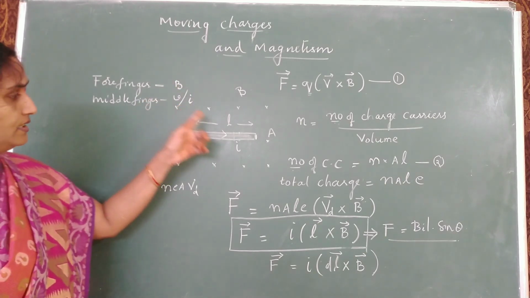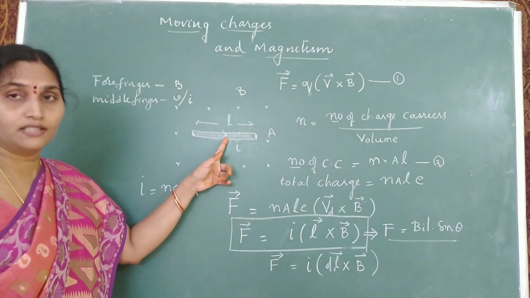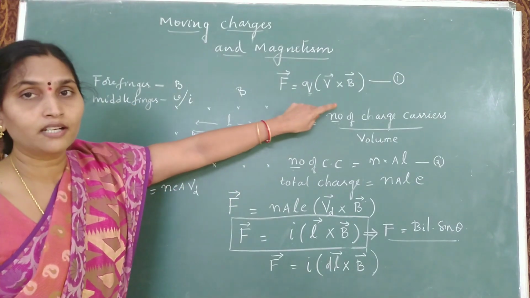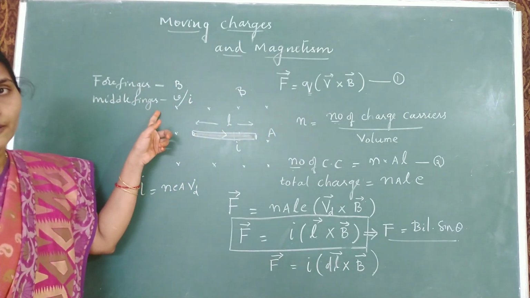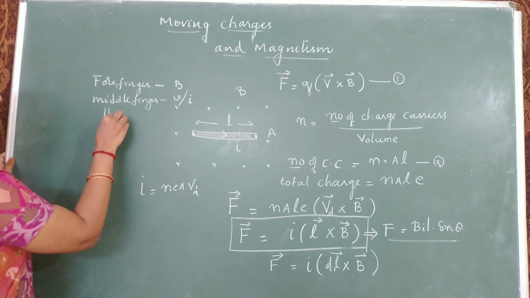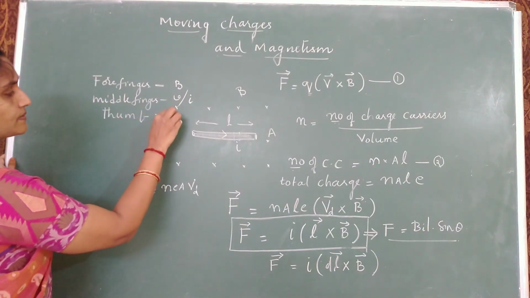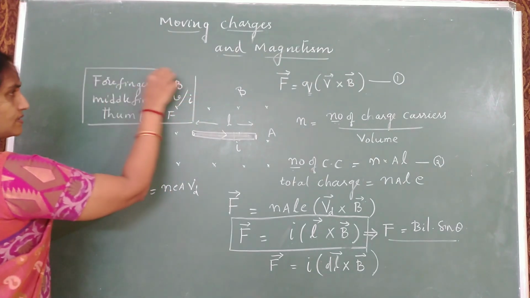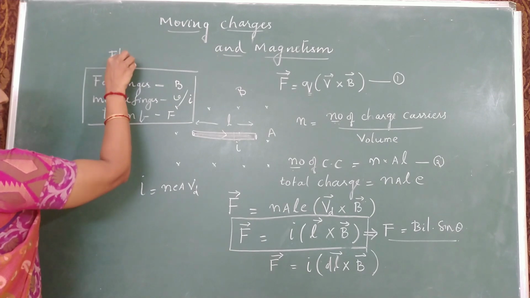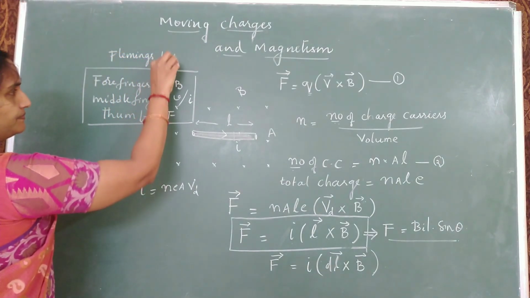For current carrying conductors, the middle finger will represent the current. If it is a charged particle, then the drift velocity will be the direction of the middle finger. Then the thumb gives you the direction of the force. So this is nothing but Fleming's left hand rule.